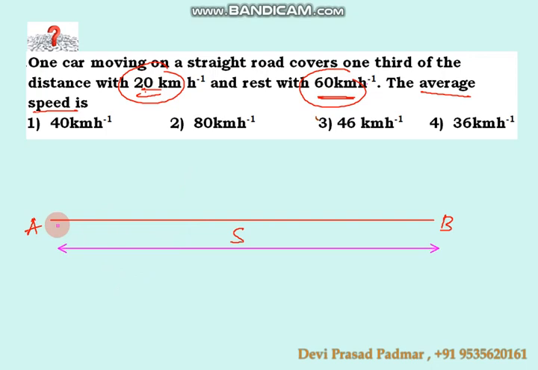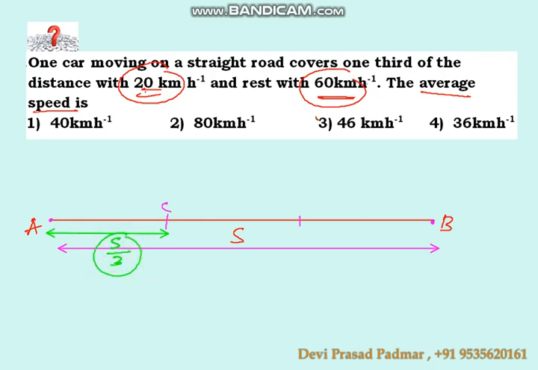So we can divide this total distance into 3 equal parts, and I will write the first 1/3 point as C. So A to C is 1/3 of the total distance. That means I will write this as S by 3.